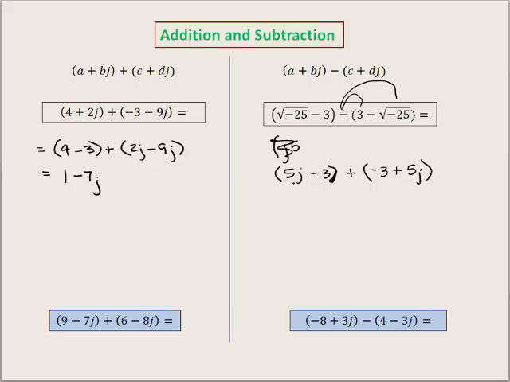Okay, now we should be able to do this. We're going to combine the a's and combine the j's. I'm going to skip a couple steps and go right to it. There we are: minus 6 plus 10j. That is our answer.